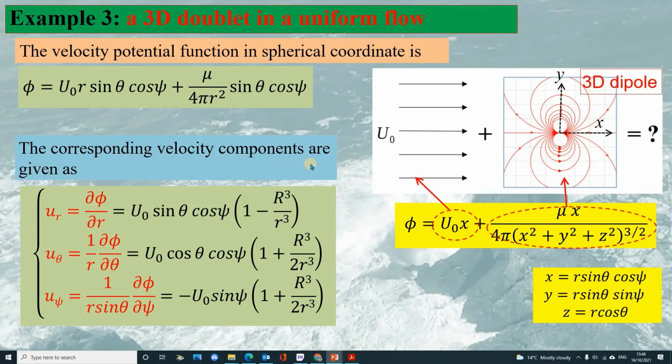Then the corresponding velocity components are calculated as ur, defined as the partial differentiation of phi with regard to r, and u theta given as this, and u psi defined as this. Here, r cubed is given by this expression. Mu is the strength of the 3D doublet, and u0 is the velocity of the uniform flow.